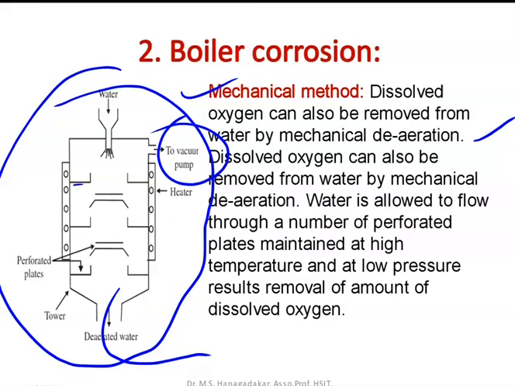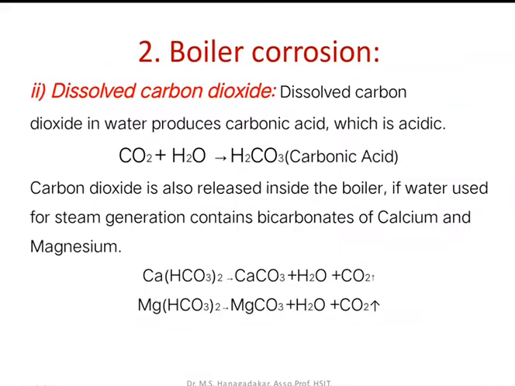This mechanical de-aeration technique is not only used for the removal of dissolved oxygen; any dissolved gases present can be removed by this technique. This is how we can remove the impurity if dissolved oxygen is present in the water.